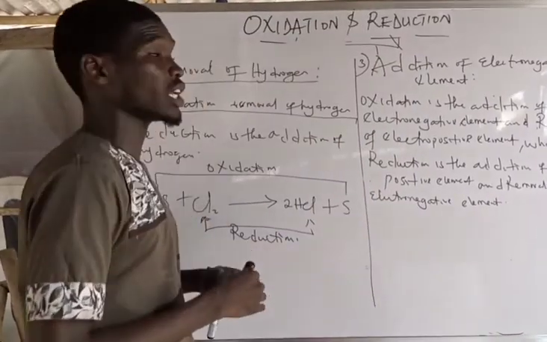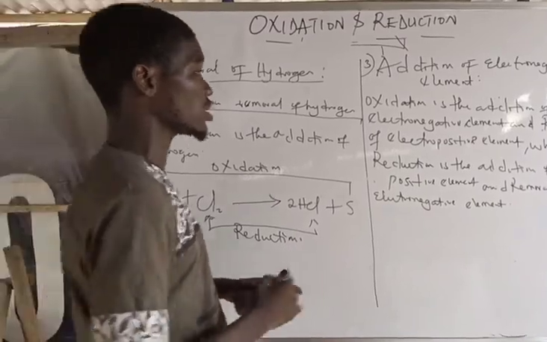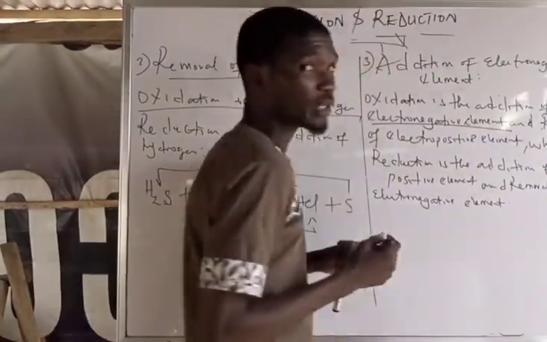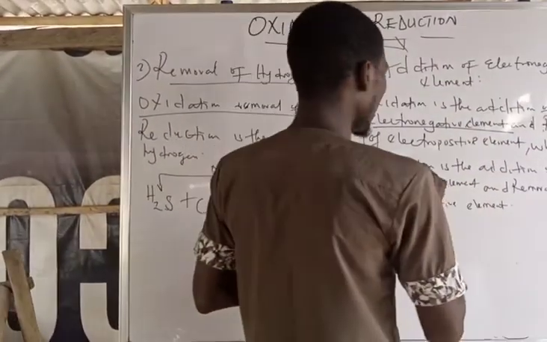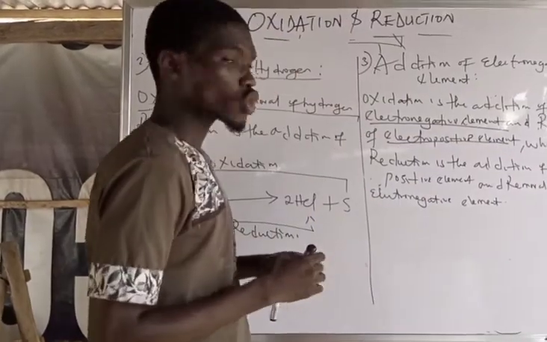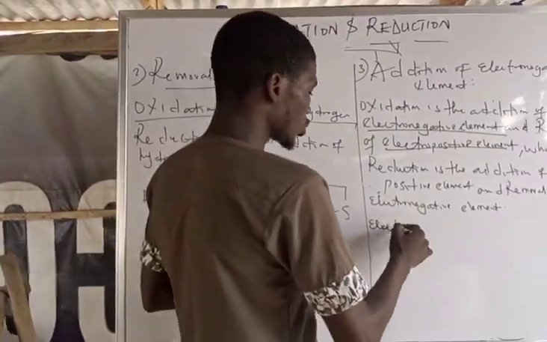This part of oxidation and reduction is very complex. Mind you, our main focus should be electronegative and electropositive. So class, what is electronegative?